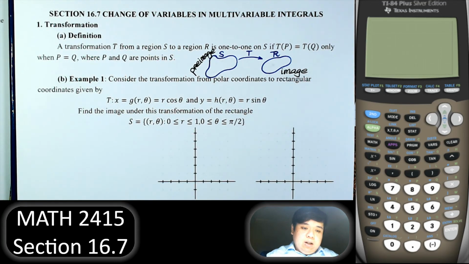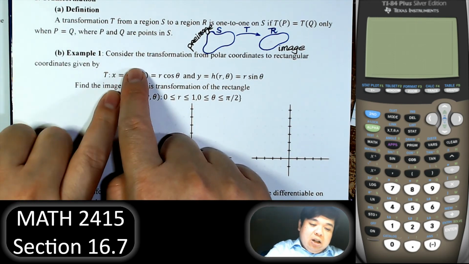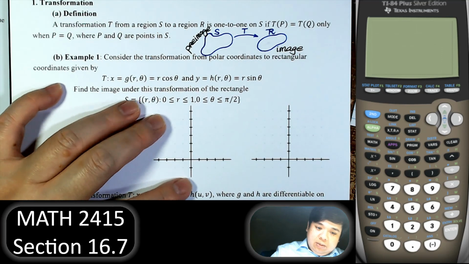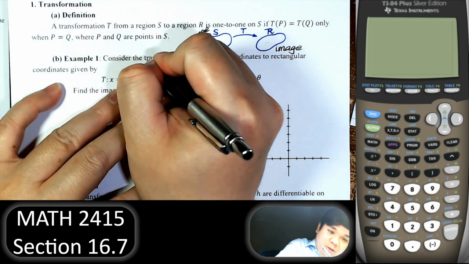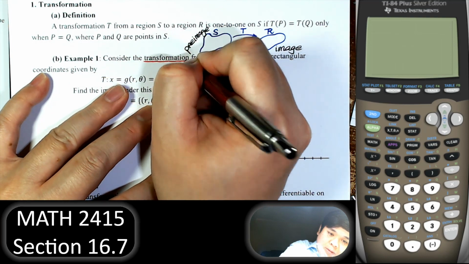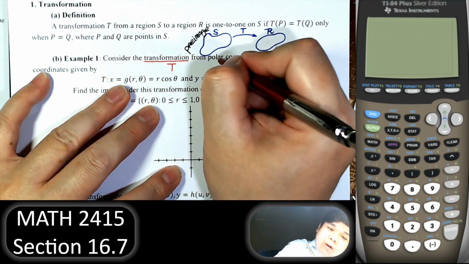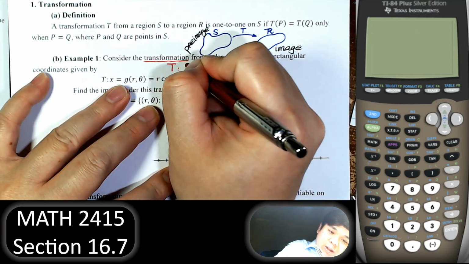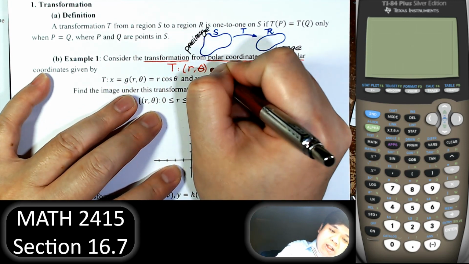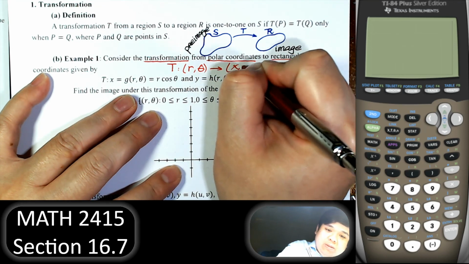Let's look at an example here. Consider the transformation from polar to rectangular. So we have a transformation T from polar r theta to rectangular x and y.